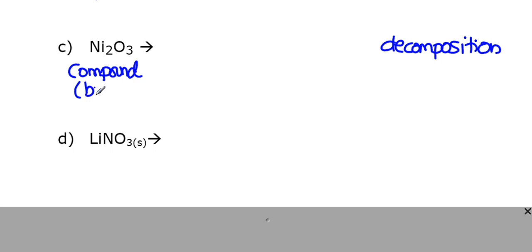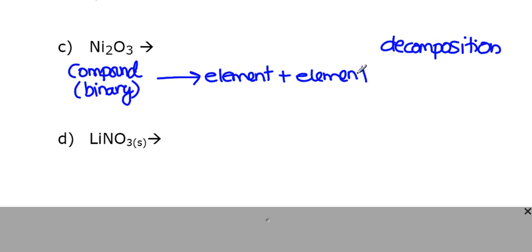This type of compound, if I want to be more specific, is binary. 2 different elements. So here it starts off at 1. We know binary compounds are going to break apart into their elements. So an element plus an element. What are my 2 elements? I've got nickel, and my other element is oxygen, and on its own it has to be O2.